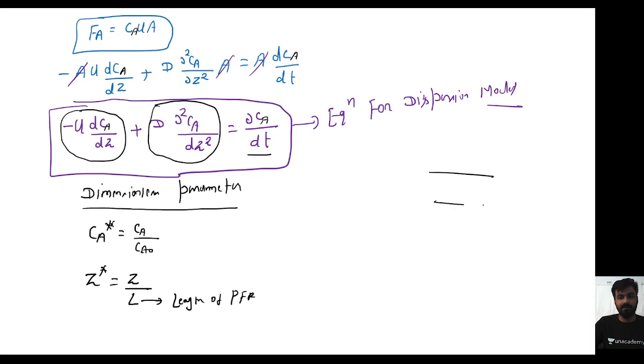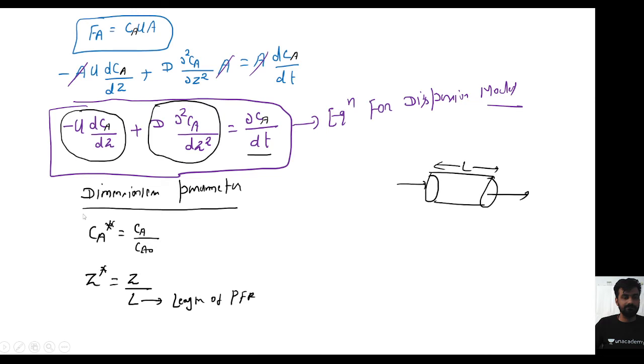Throughout the length it will cover, no? So if it will be our PFR, this length should be there to cover this particular reaction throughout. And time is equal to L upon U, length of the PFR upon velocity of the substance coming.